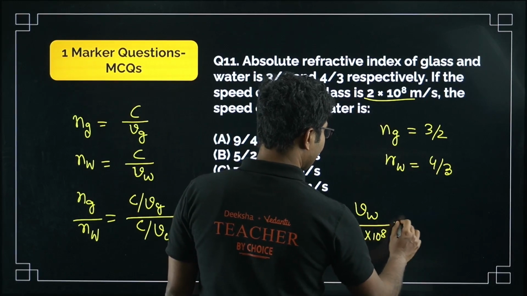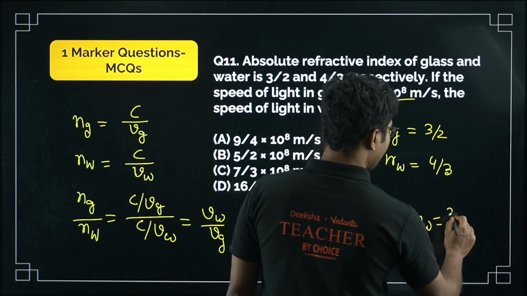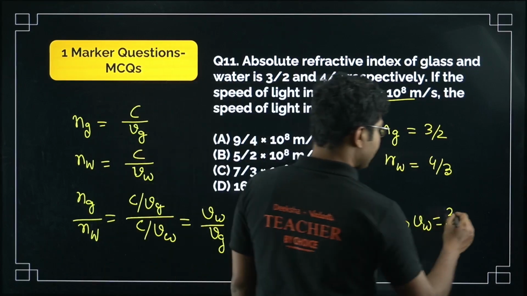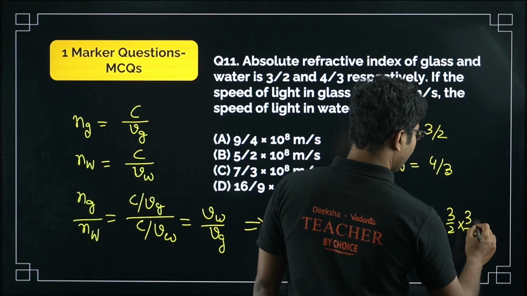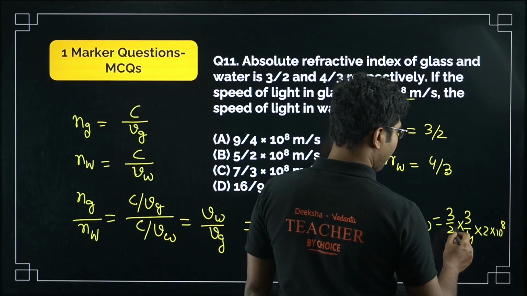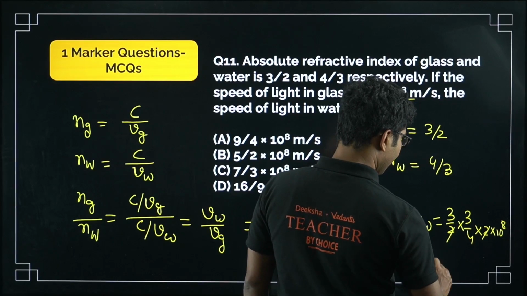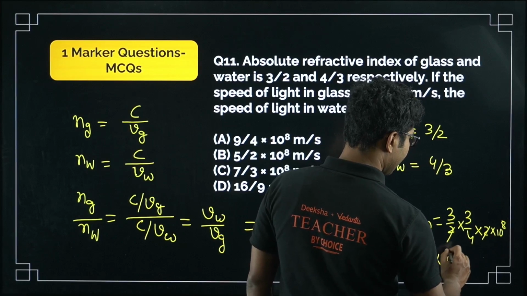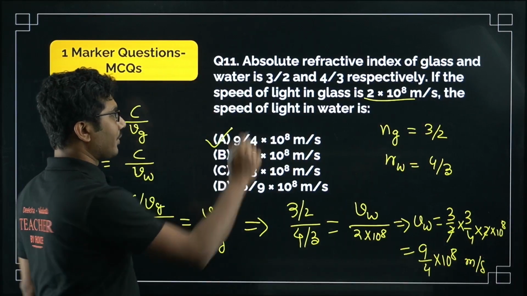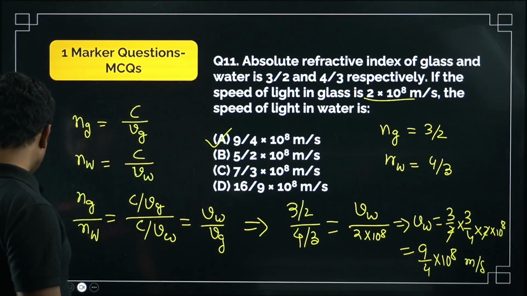From there, Vw equals 3/2 into 3/4 (the 4/3 inverts) into 2 into 10 to the power of 8. The 2 cancels, so it will be 9/4 into 10 to the power of 8 meter per second. Clear? Now let's move on to the next question.